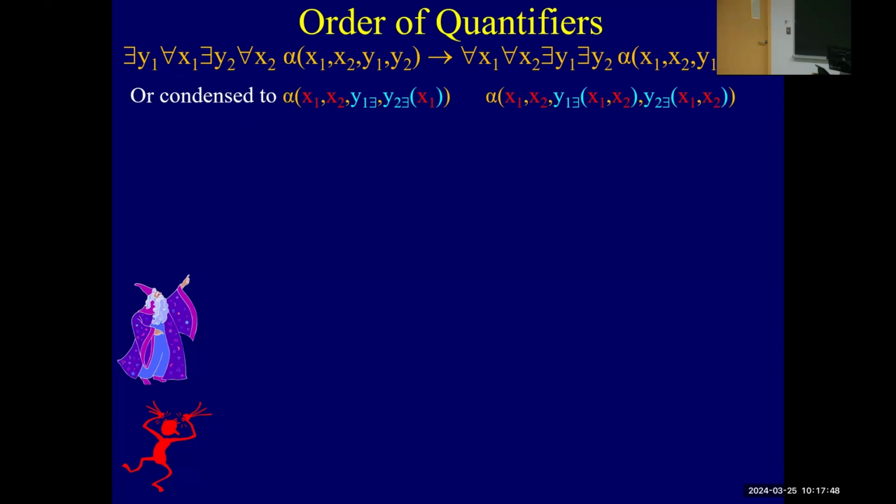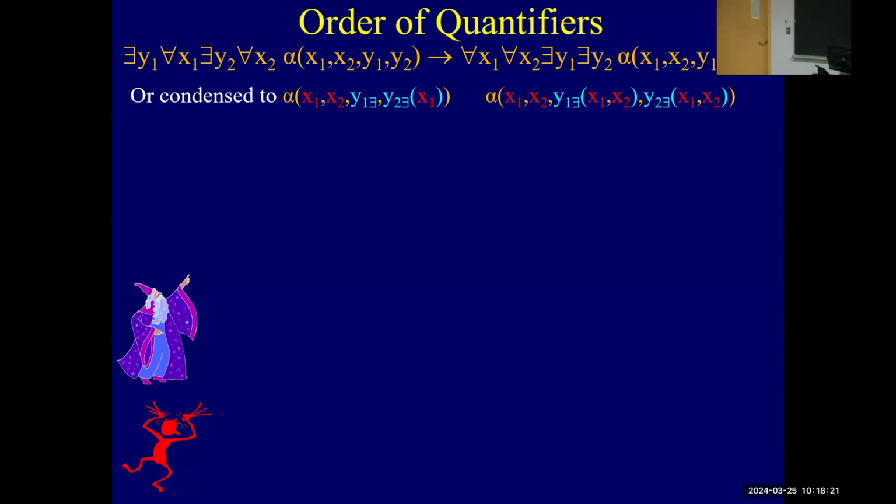The first exists doesn't depend on anything. The y1 doesn't depend on anything. The y2 depends on the x1, right? Now you might say it depends on the y1, yeah, but that's in our control, so we're not worried about that. The free variables aren't in our control so much, right? So everybody say we got that?